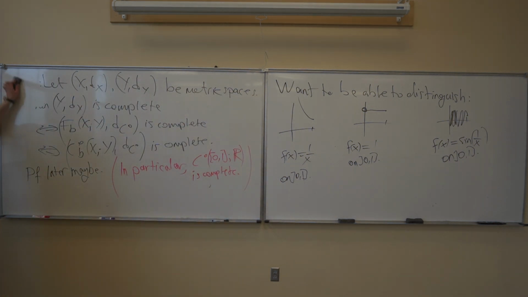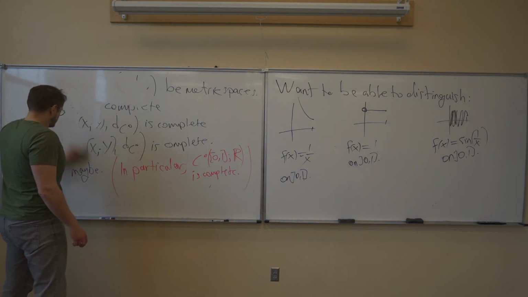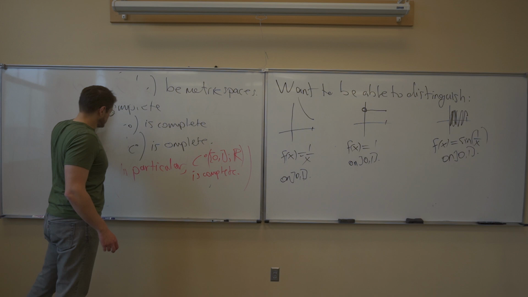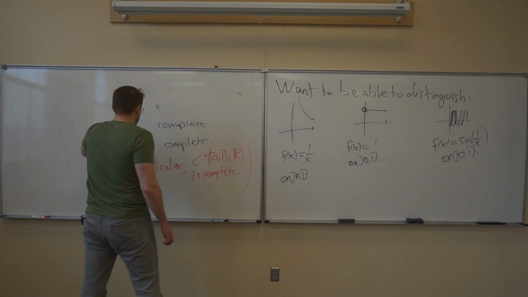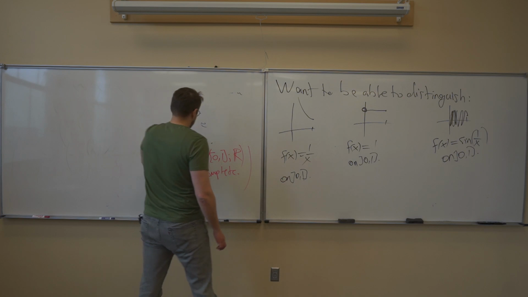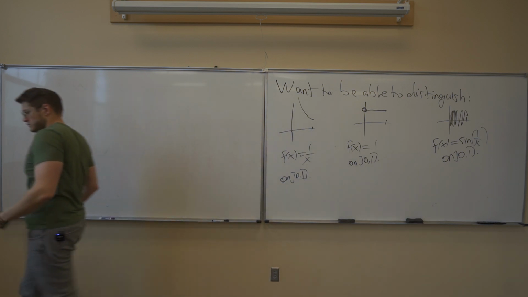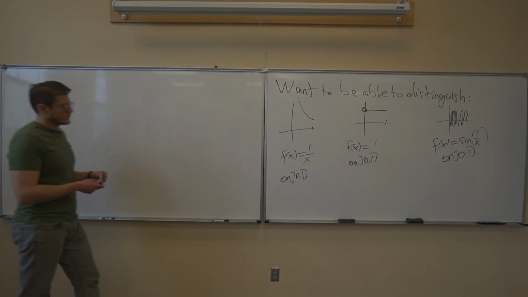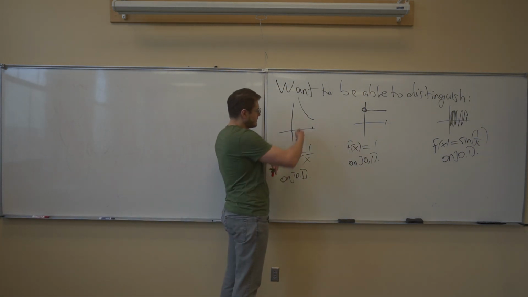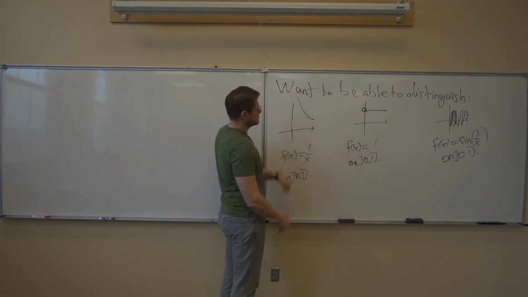So, definition. Now, what do I need? I need two metric spaces: the horizontal metric space and the vertical metric space.